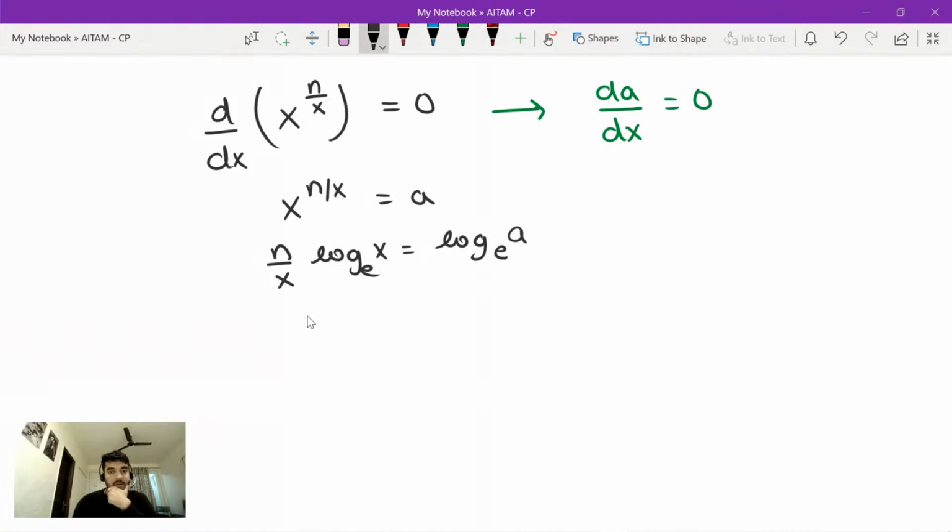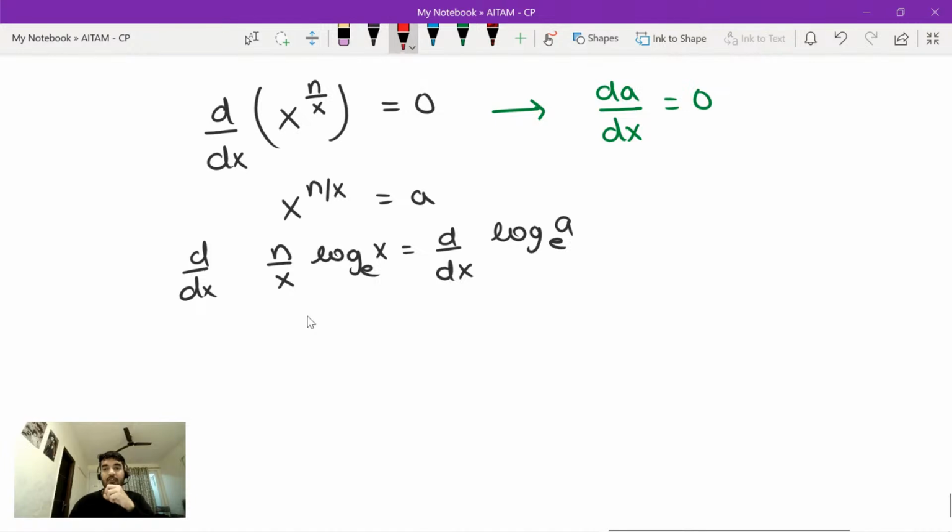First I have taken the log, now I have to differentiate this thing. So differentiate d by dx, and I also need to differentiate this one, d by dx of log of a base e.